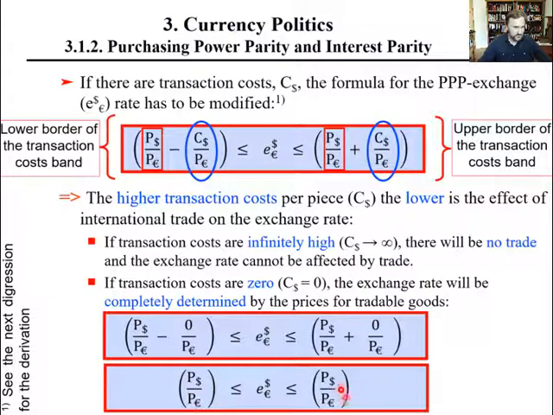And this is of course only possible if the exchange rate is exactly equal to the purchasing power parity exchange rate. So for goods where transaction costs are zero, the purchasing power parity exchange rate should hold 100%. Typically digital goods that can be traded and transported over the internet have very low transaction costs, of course.